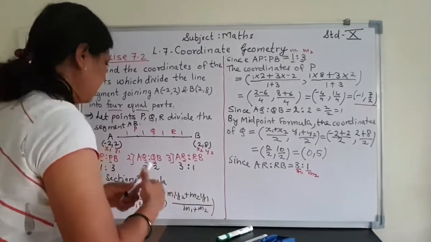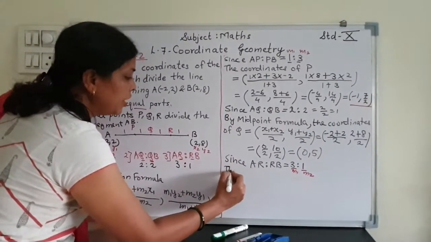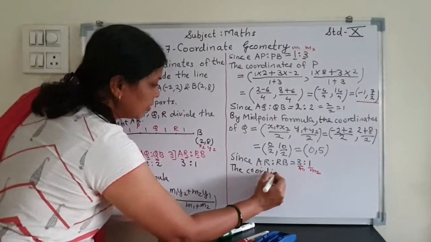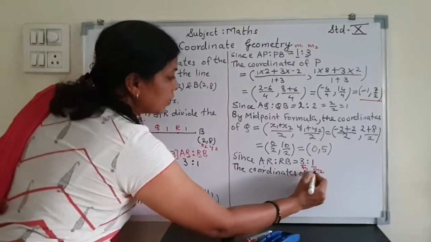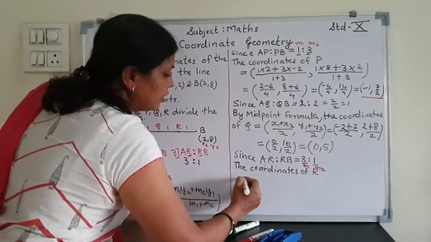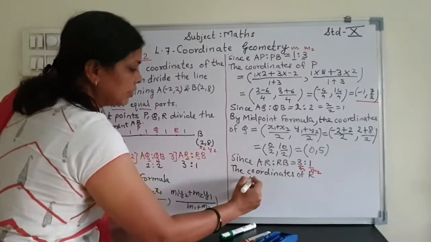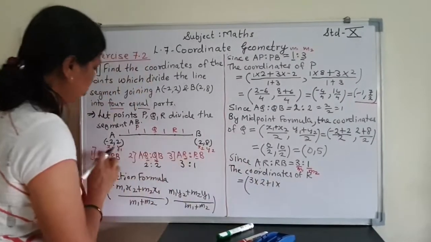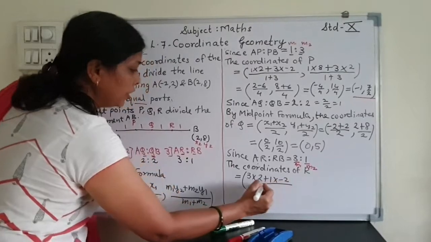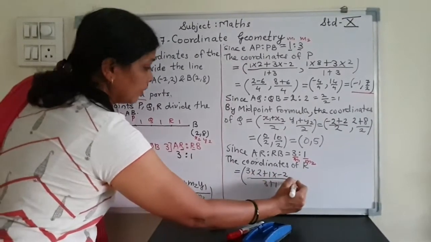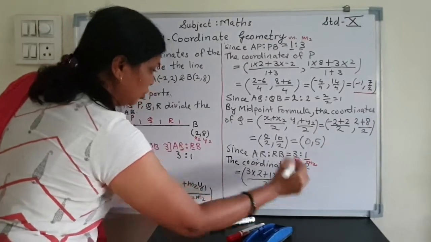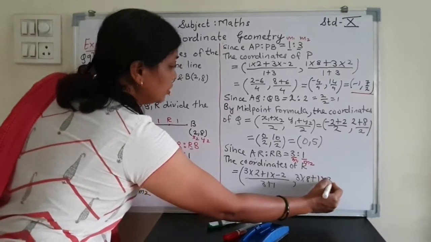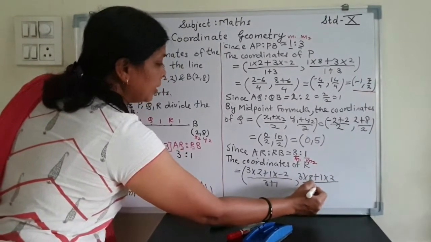So now, by the section formula, the coordinates of R are equal to, what is M1? 3. 3 into 2 plus 1 into minus 2 upon 3 plus 1. Then 3 into 8 plus 1 into 2 upon 3 plus 1.